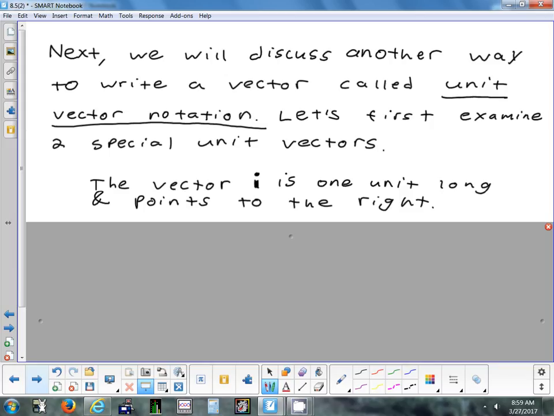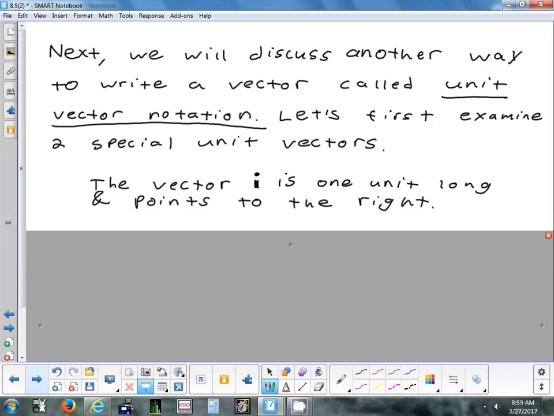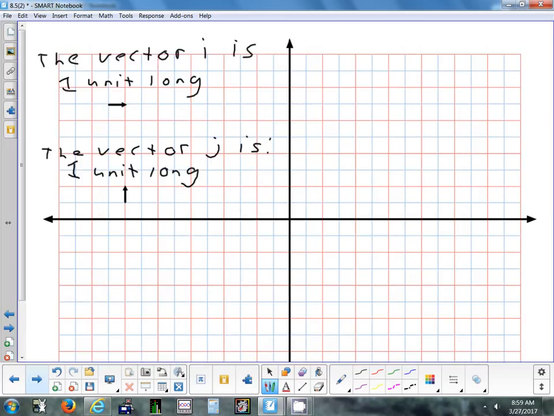Nothing to do with complex number i, that's totally different. But the vector i, when you're doing vectors, means it's a unit vector, and it points 1 unit to the right. That's a picture of the unit vector i. It's 1 unit long, and it points right.